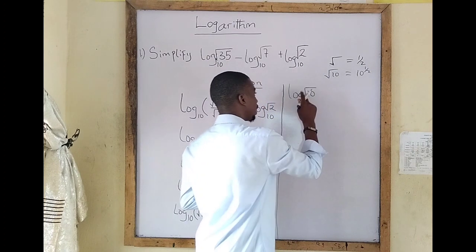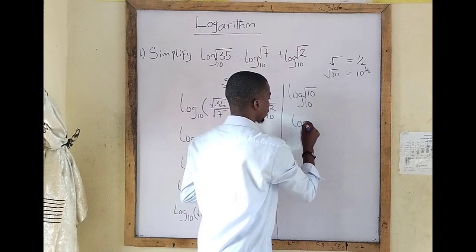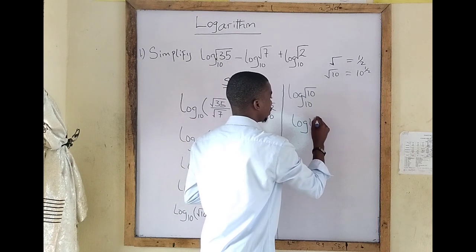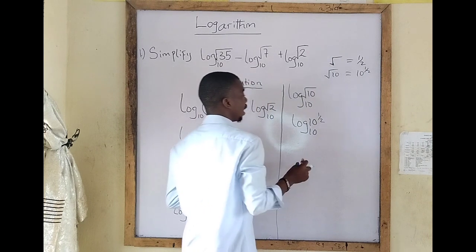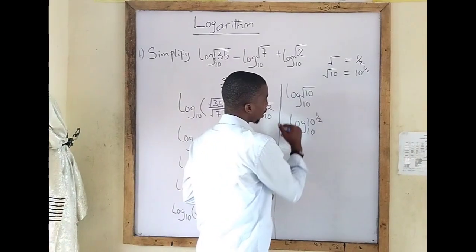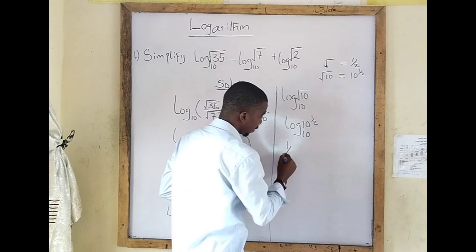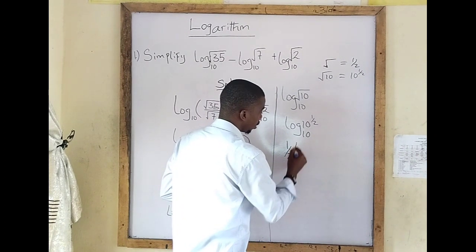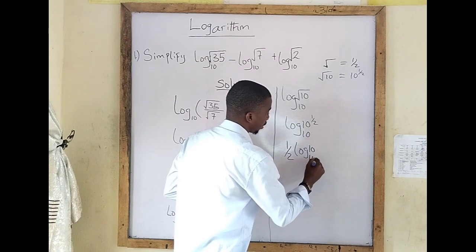Meaning that log root 10 base 10 can be written as log 10 raised to the power of a half to base 10. We apply the power rule here, and we have a half times log 10 to base 10.